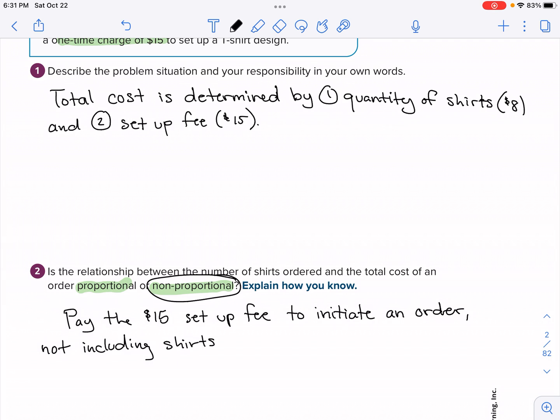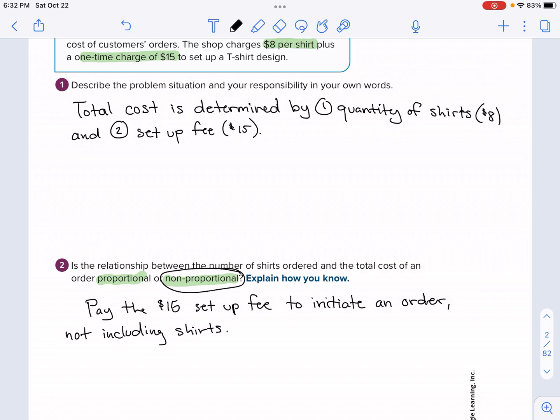Okay. So 0 shirts, but I'm still paying $15 for them even to design the shirt. To design whatever logo or design that you want this place to make. Okay. If it were $0 and 0 shirts, then it would be proportional, but this is non-proportional.